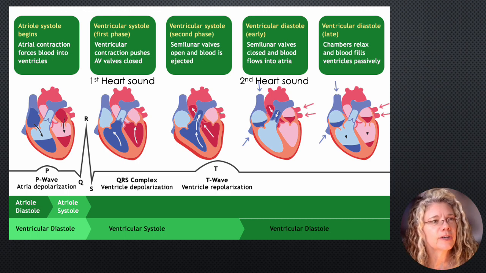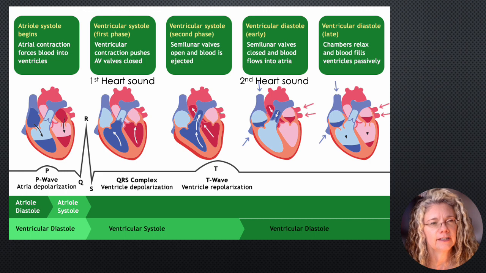So after the QRS complex and the ventricles are depolarizing, then we get the first phase. We get ventricular contraction, and as that contraction begins, the contraction of the ventricles is going to push the atrioventricular valves closed, right?